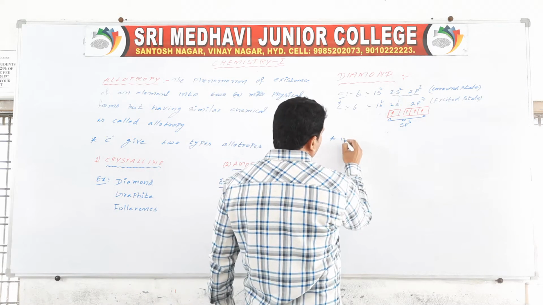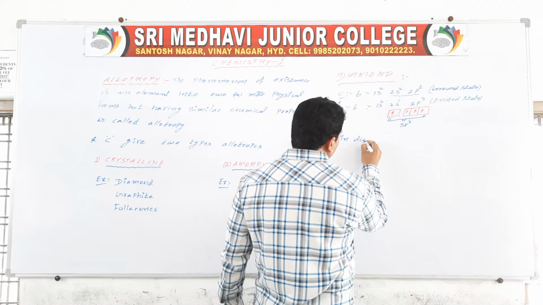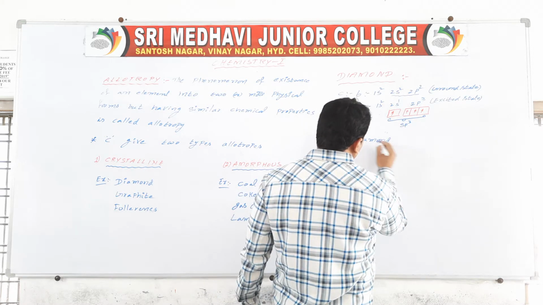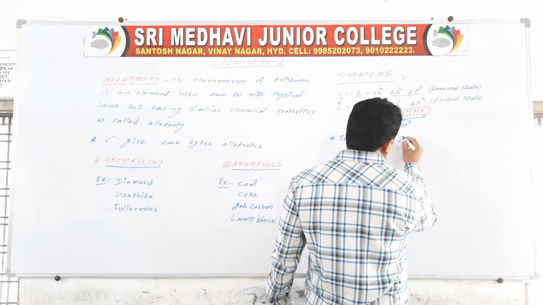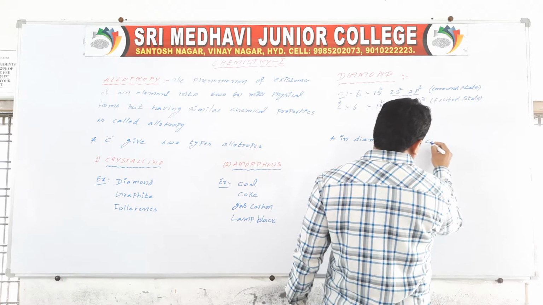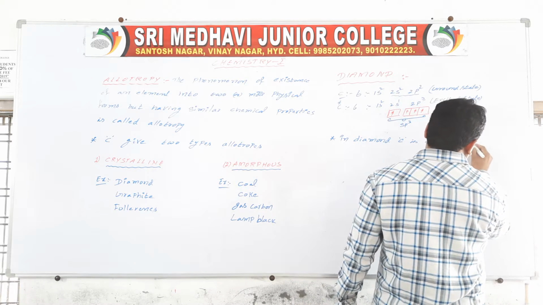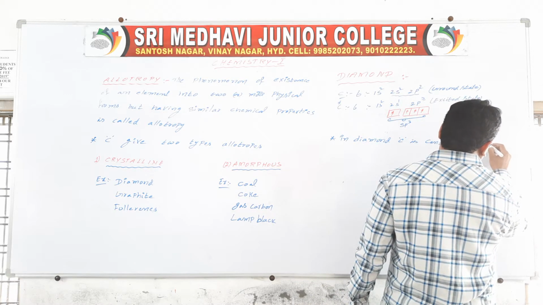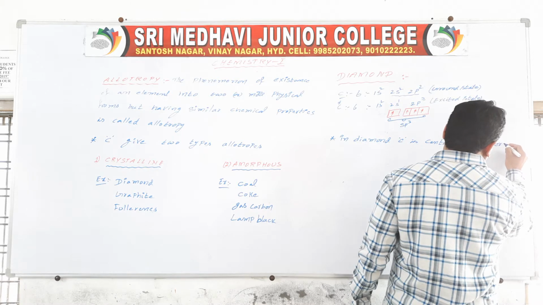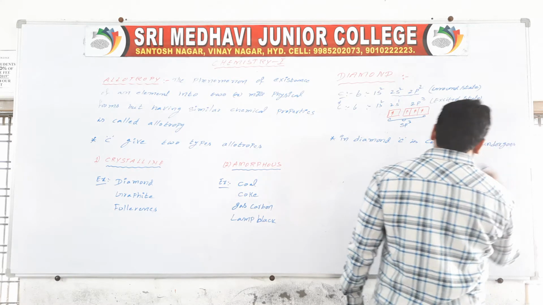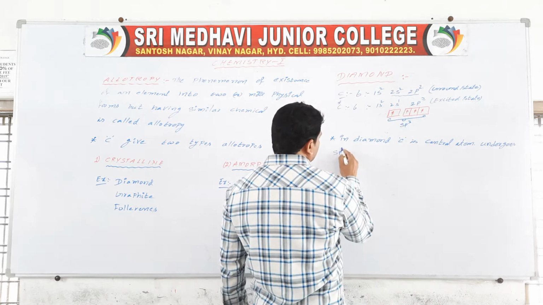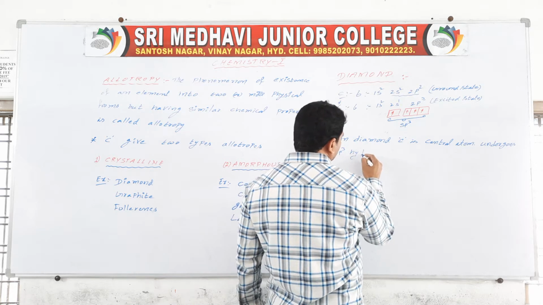In diamond, carbon is the central atom which undergoes sp3 hybridization.